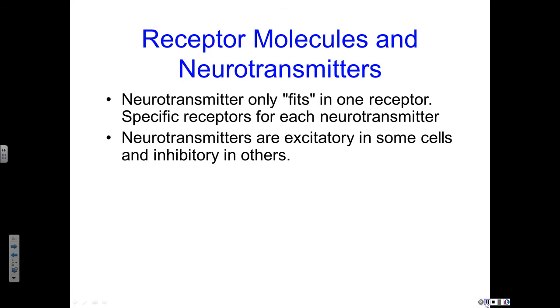Okay. And the other important point is neurotransmitters are excitatory in some cells and inhibitory in others. I hope that'll become clear when we talk about it. What it means is that it can actually give you either a depolarizing effect on the postsynaptic junction or a hyperpolarizing effect.